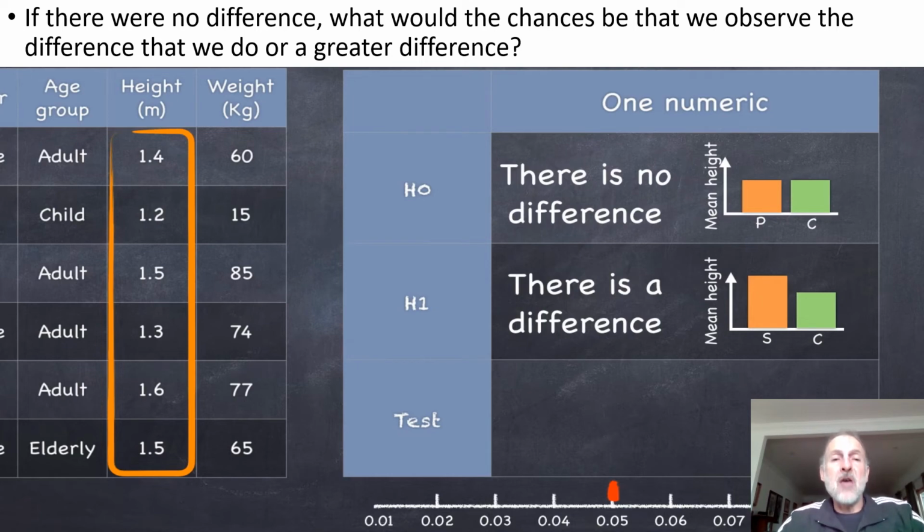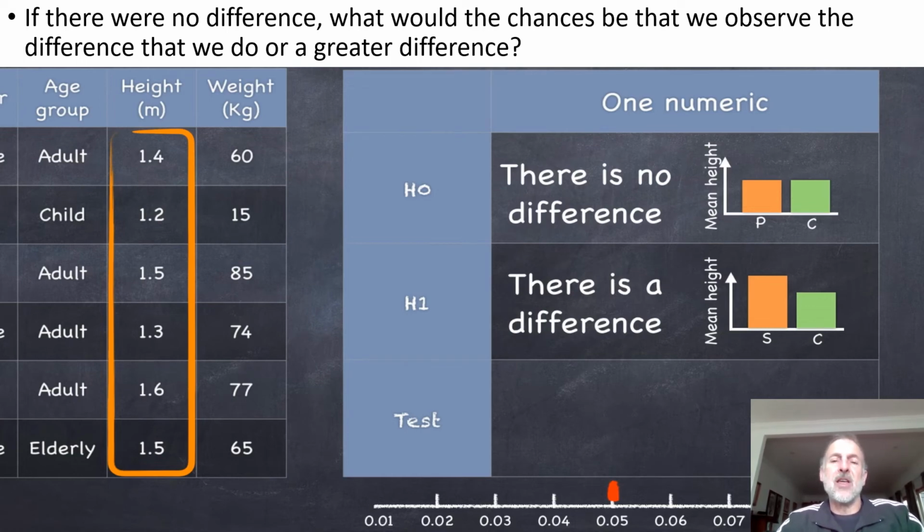We're saying there is no difference. So if there were no difference, like the null hypothesis is saying, in other words, if we find the null hypothesis true, what would be the chances that we can observe the difference that we do observe here in H1, or even a greater difference? In other words, what is the probability?